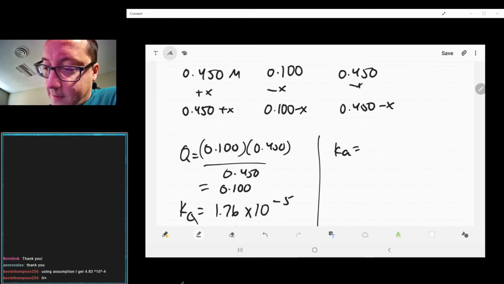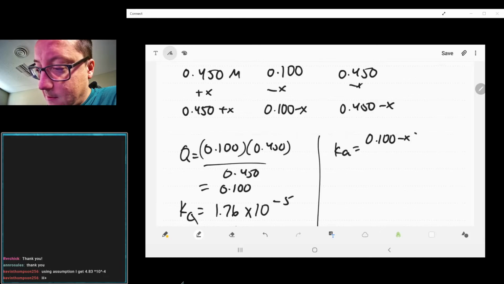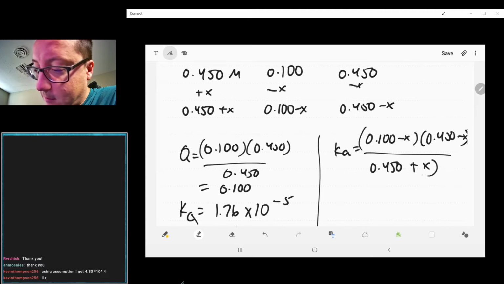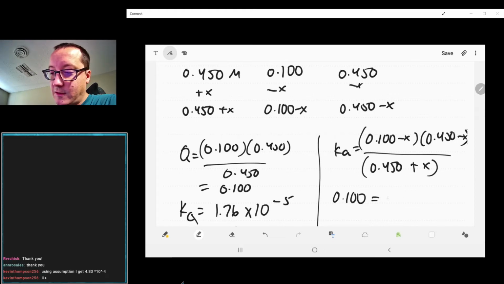Our Ka is going to be equal to (0.1 minus x)(0.450 minus x) over (0.450 plus x). If we make our assumption, we get that 0.100 equals 1.76 times 10 to the negative 5.